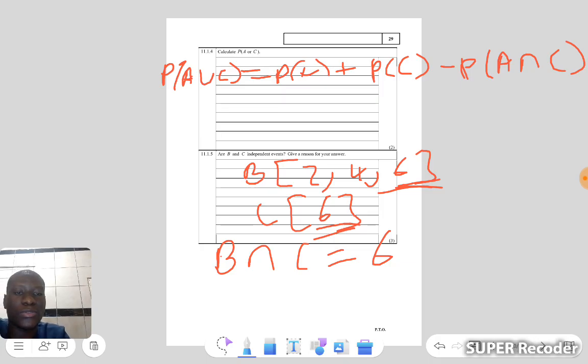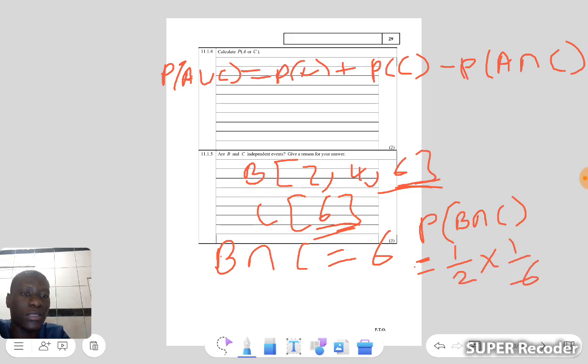So we have to find probability of B and C. For independence, this is like multiplying probability of B, which is 1 over 2, times 1 over 6, which is 1 over 12. Because probability of B and C, which is 1 over 6, is not equal to 1 over 12, they are not independent events.